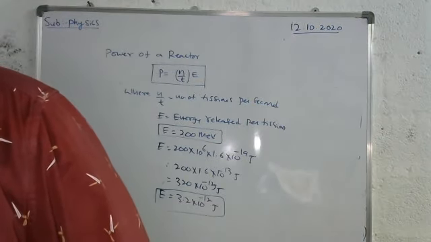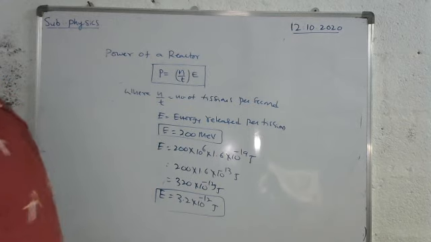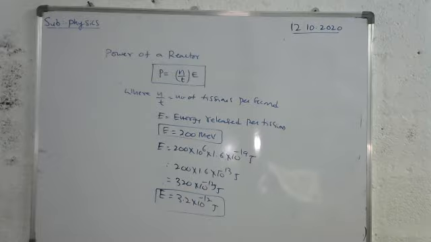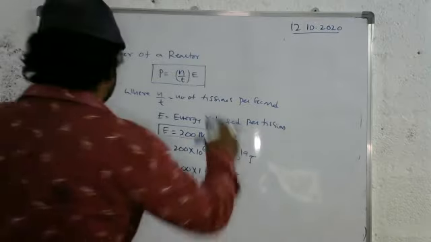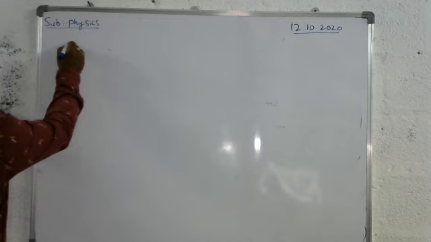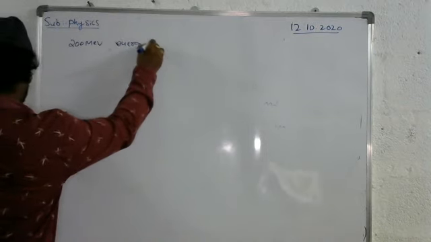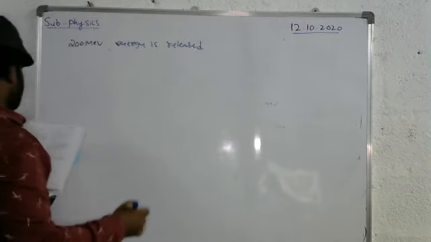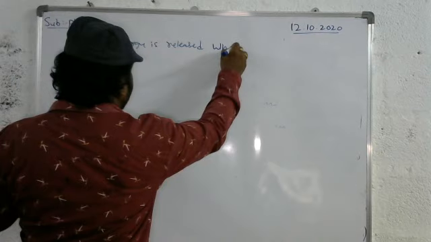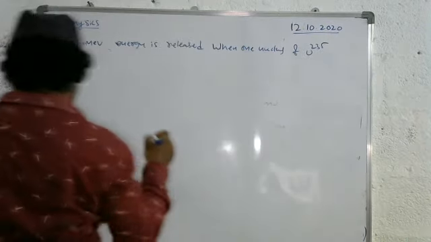Take one problem regarding this power of a nuclear reactor. Let us take a problem. 200 MeV energy is released when one nucleus of uranium 235 undergoes fission.